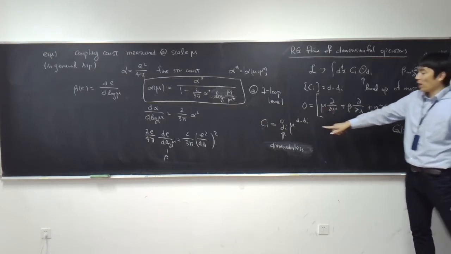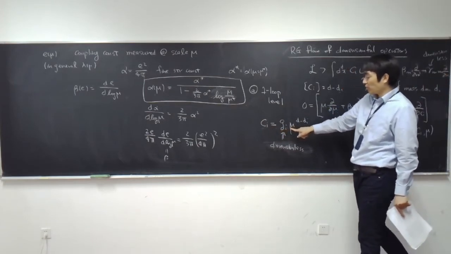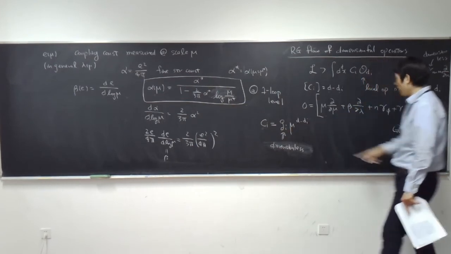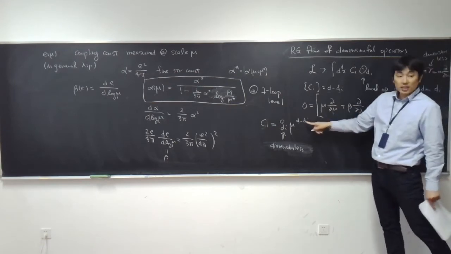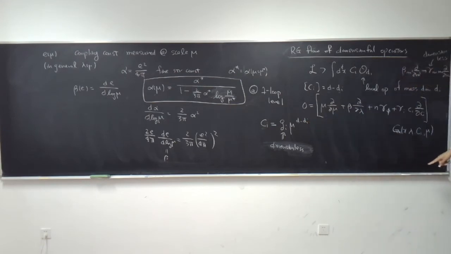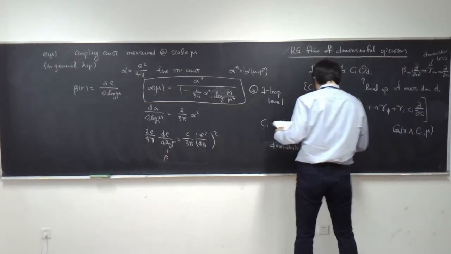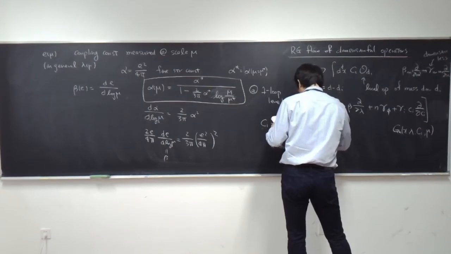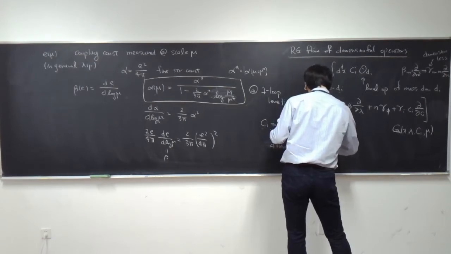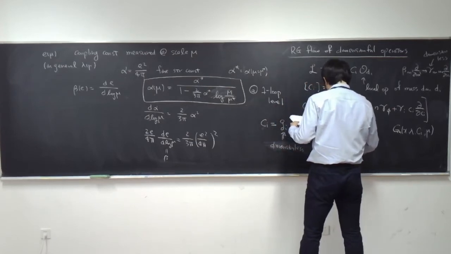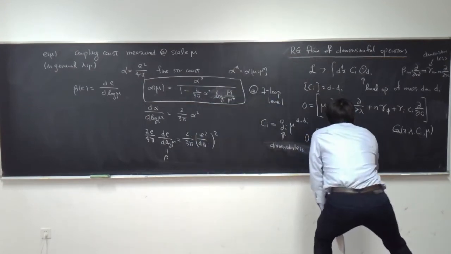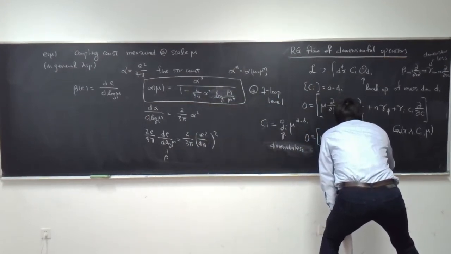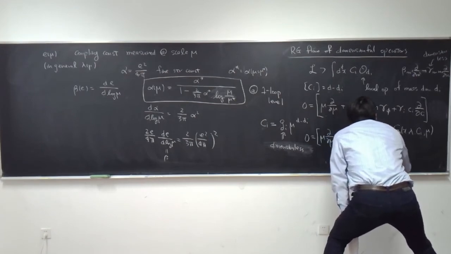So if you write down Ci is equal to Gi times mu to the d minus di, if the mu derivative acts on Ci, that will give you d minus di. That has to be cancelled with the C derivative, so that this equation becomes as follows: mu partial mu plus beta partial lambda plus n gamma phi.